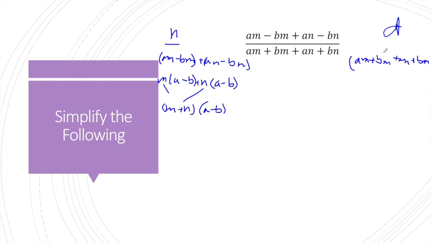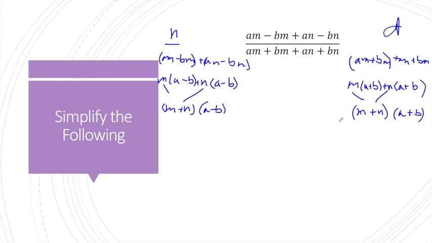The greatest common factor of AM and BM is going to be an M. In this case, I'm left with an A plus B. And the greatest common factor of AN and BN is going to be an N. So N times A plus B. I collect my greatest common factors. I have M plus N times A plus B.